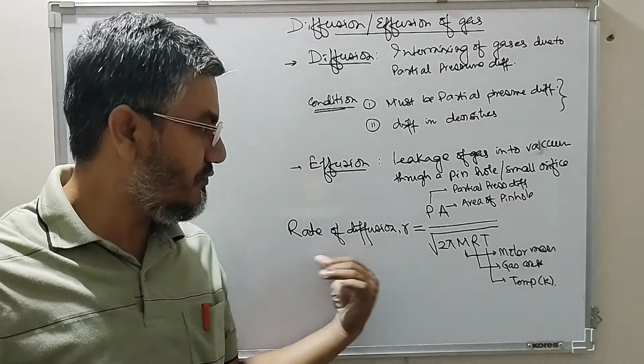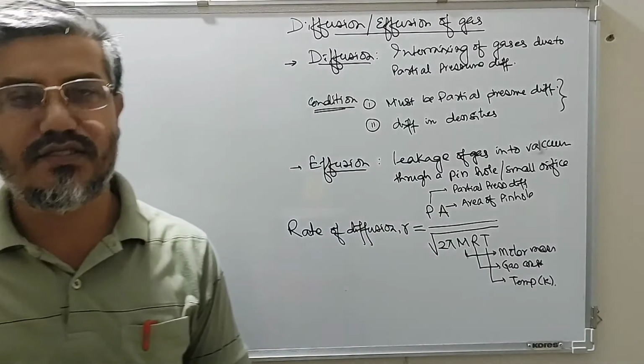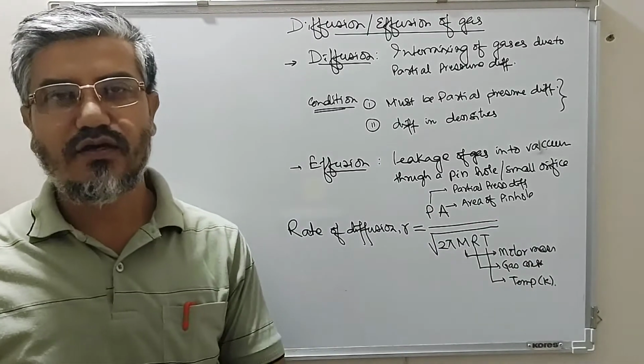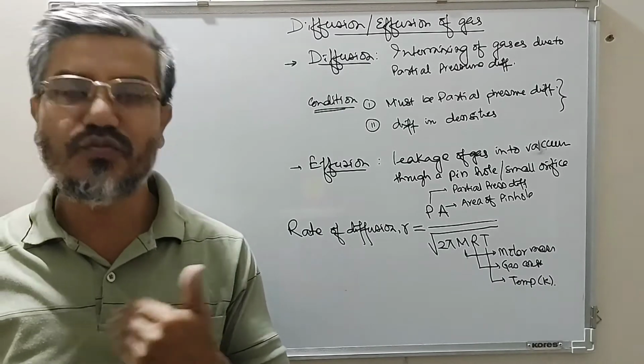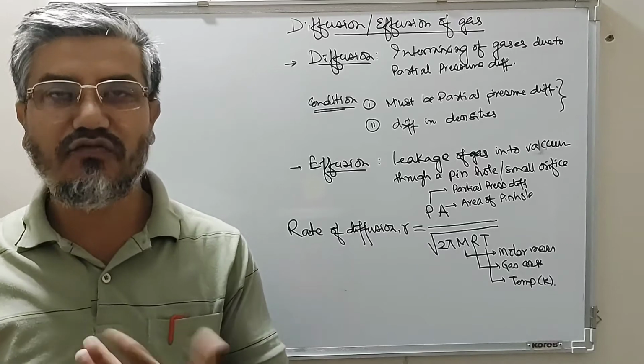Second, look at this. The rate of diffusion or effusion is inversely related to the molecular mass. Let's visualize it this way. A heavier gas will move slowly and a lighter gas will move fast.